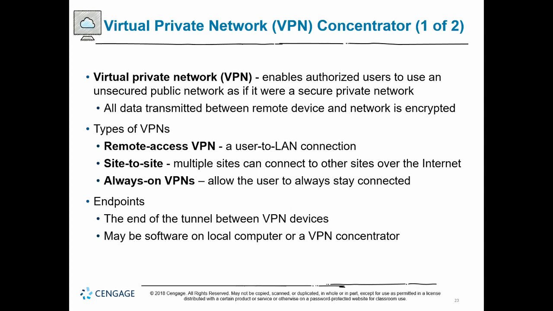A VPN tunnel essentially works by encapsulating data in an encrypted data packet. An analogy you can think of is the act of putting a postcard into an envelope, right? The envelope is how you're encapsulating it.